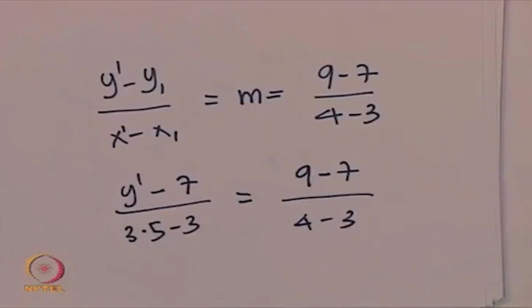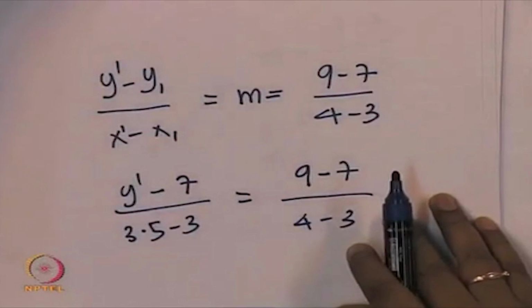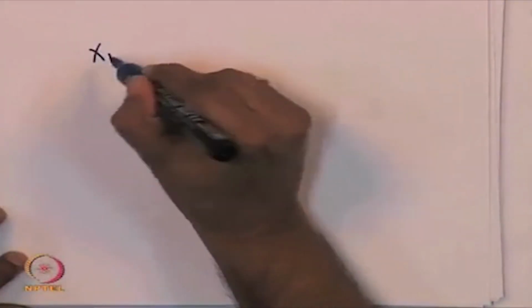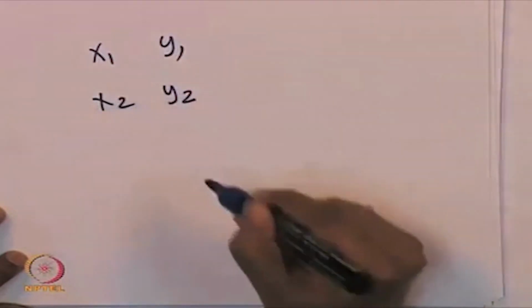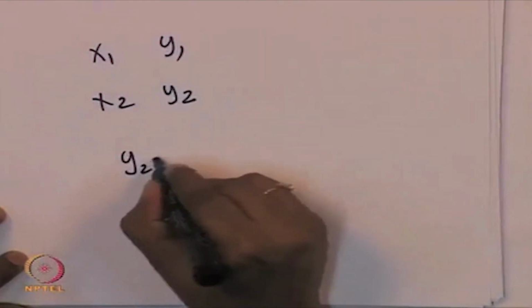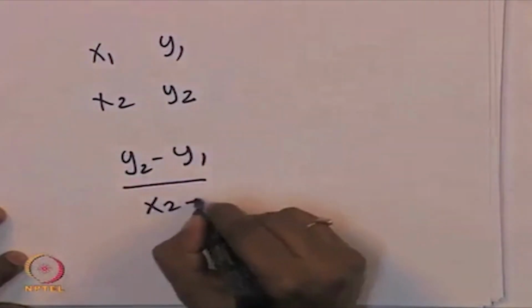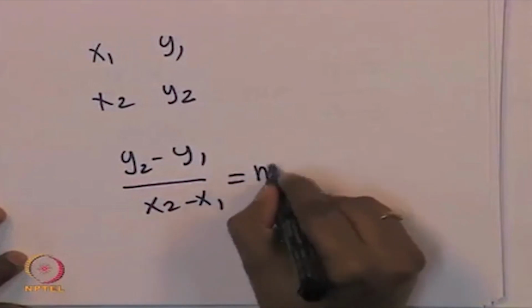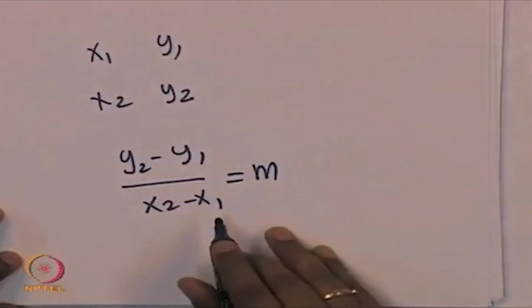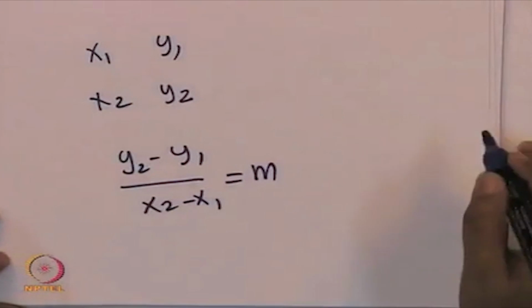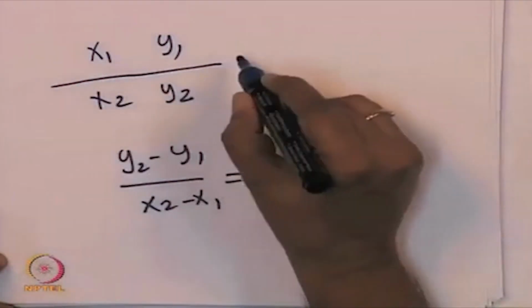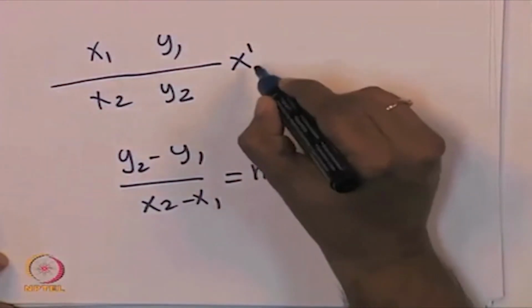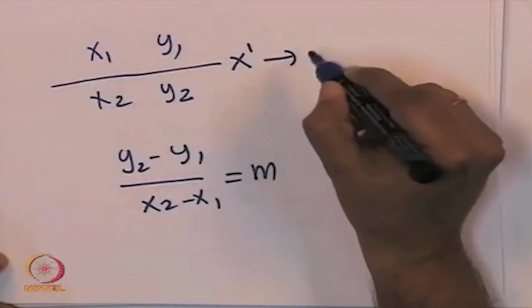So, what did I do here? Let me explain this once more. We had x 1 y 1, x 2 y 2, and we know that y 2 minus y 1 by x 2 minus x 1 is the slope m, if you assume it is a straight line. Let us say I want to find a point in between, corresponding to x prime, what is the value of y prime?